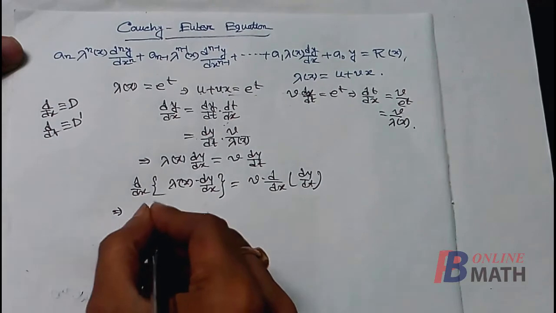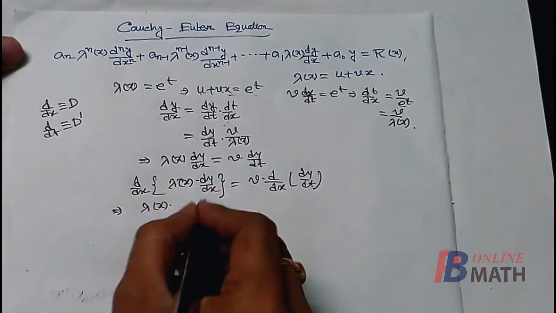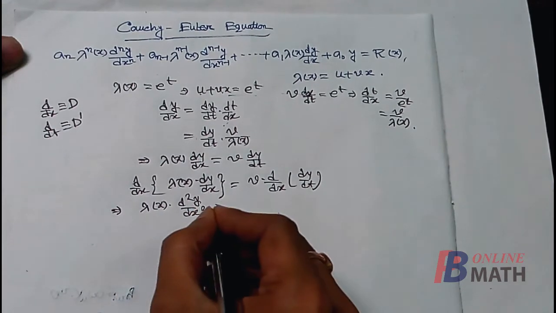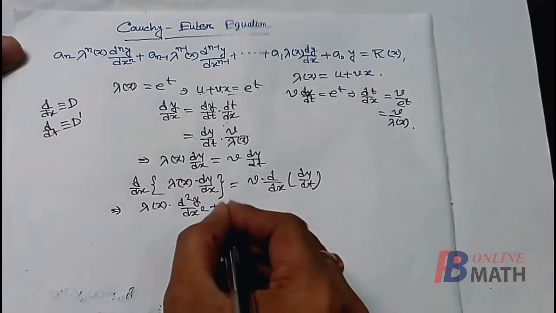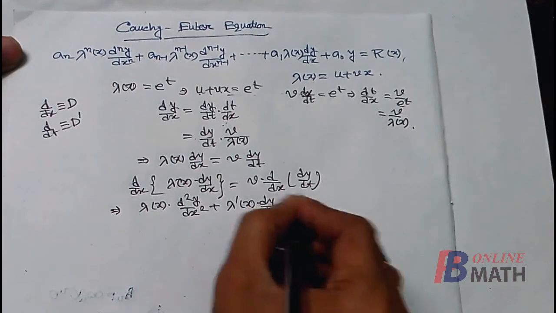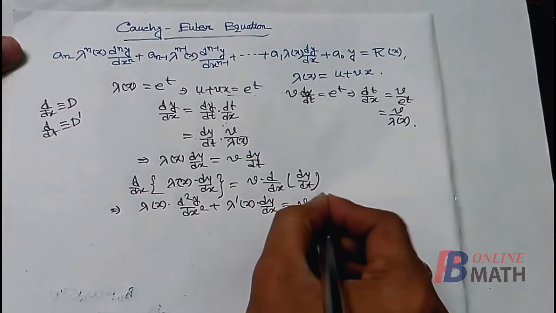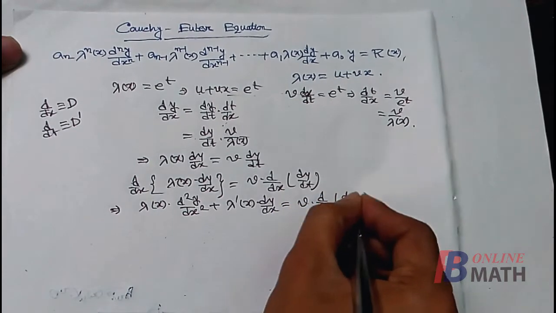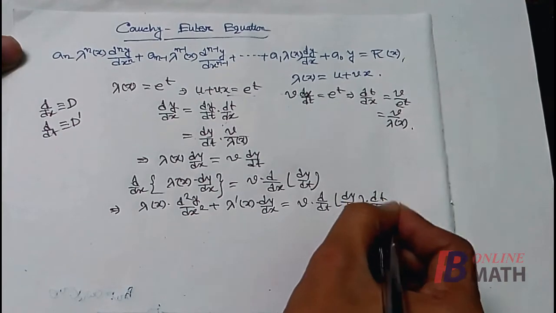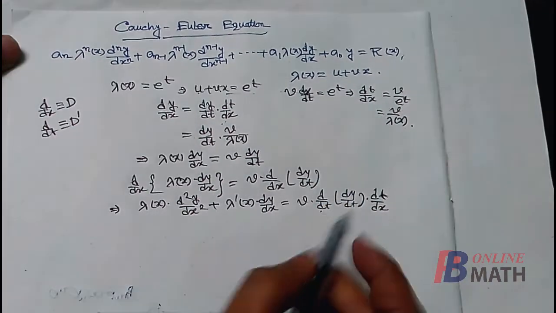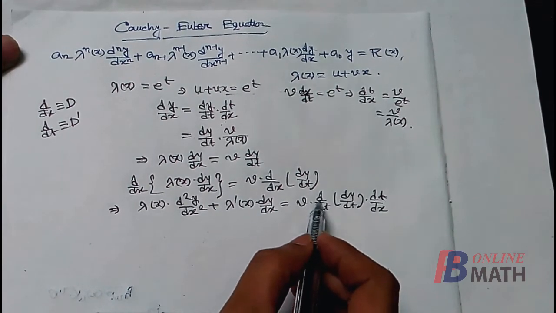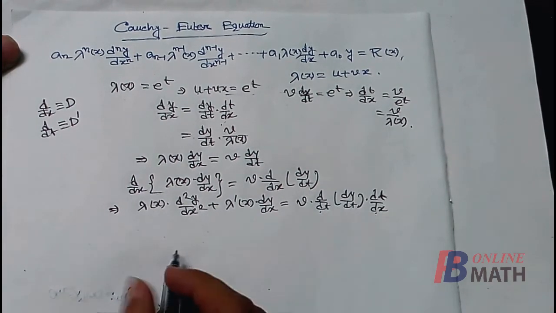So first we fix λ(x) and differentiate the other one, so it will be d²y/dx² plus, now we differentiate λ, so λ'(x) into dy/dx. And from the right hand side we write d/dt of dy/dt into dt/dx. Actually this dt and this dt cancel out, so this is equal to d/dx of dy/dt.